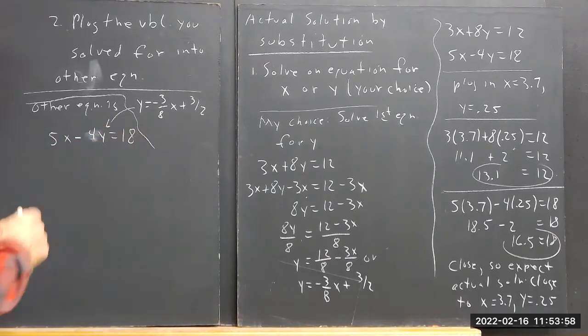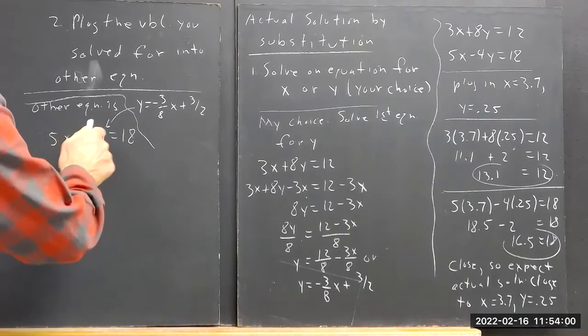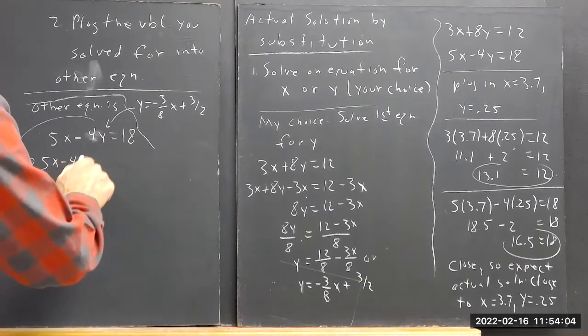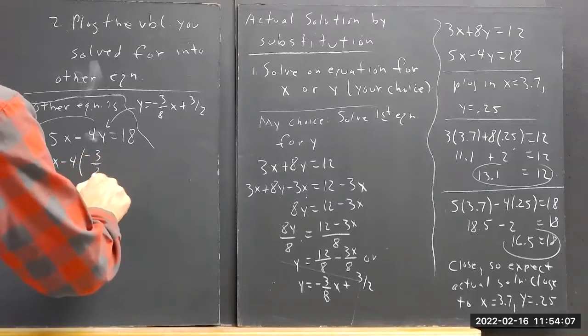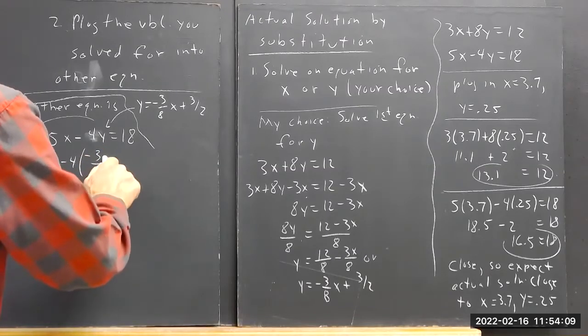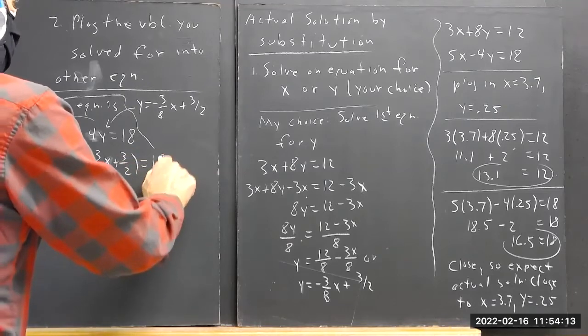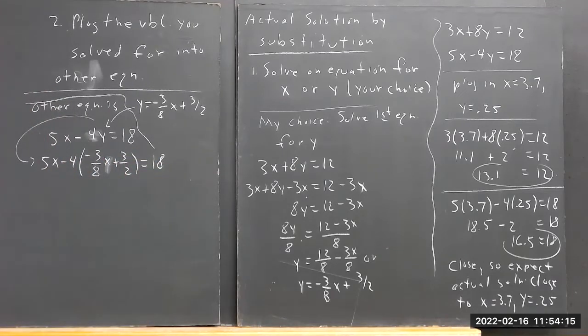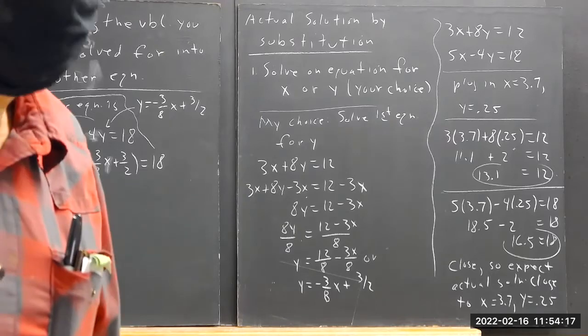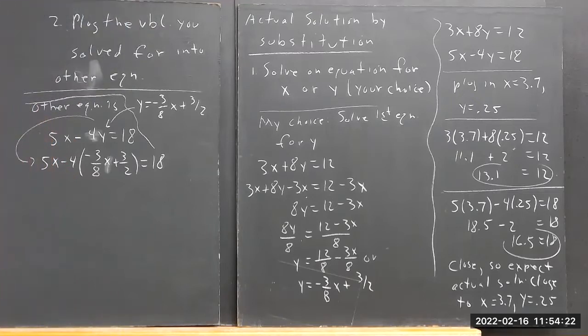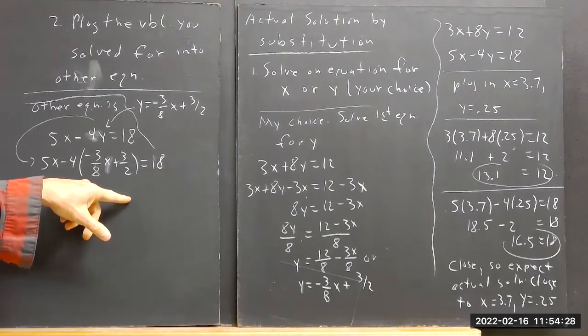We get 5x minus 4 times negative 3/8 x plus 3/2 equals 18. Well, now that's a straightforward equation to solve. The first thing I'm going to do is use the distributive law here.